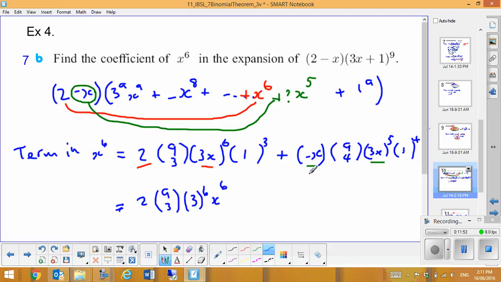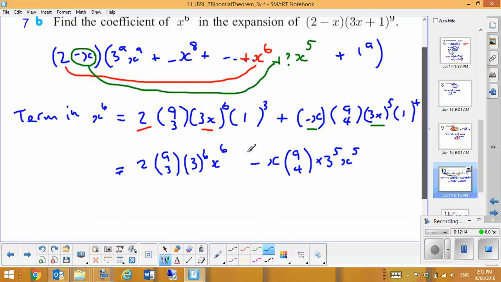Plus, but we've got a minus over here, so we're going to go minus x times, and we'll have to look up 9C4, times 3 to the 5th, and then we've got x to the 5th. 1 to the 4 is 1. So you can now put all that into your calculators.